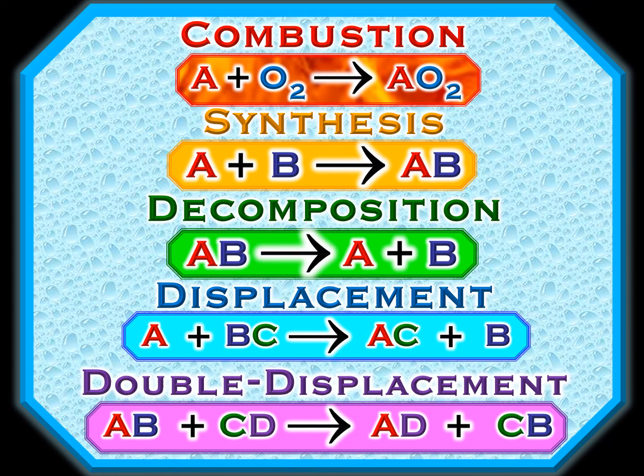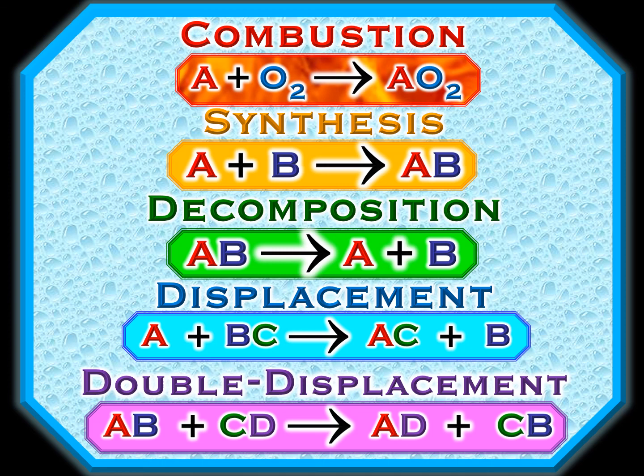So remember, these are the generic formulas for the various reaction types. And you can't get too deep with this. This is just sort of the language we use. We could say, well, this combusted, this decomposed, this was displaced. But on a deeper level, well, there's more going on that we'll talk about at the end of the course. But for now, you just need to know the words we use in chemistry. This is certainly not one of the harder things in chemistry.